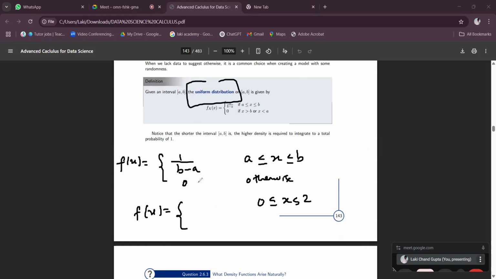It is 1 upon 2 minus 0, so you can say 1 upon 2. This is your answer. Clear?